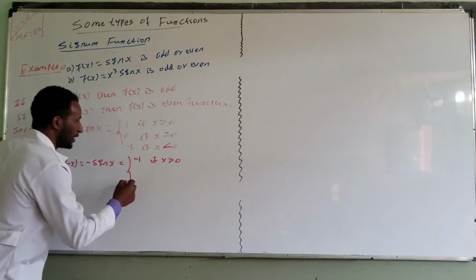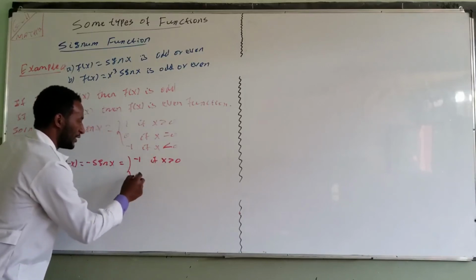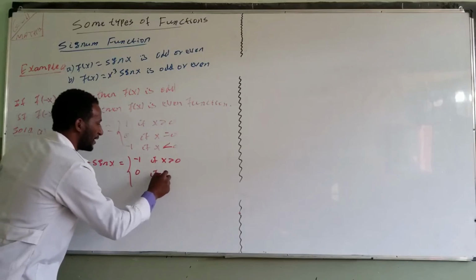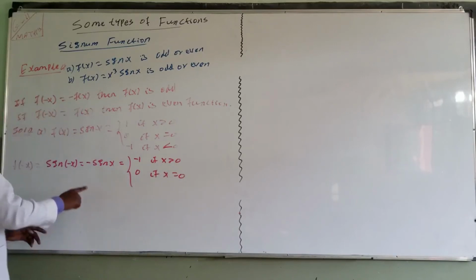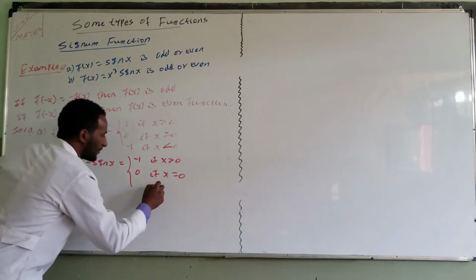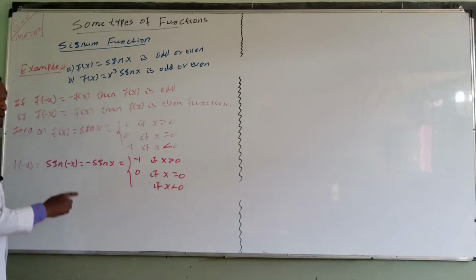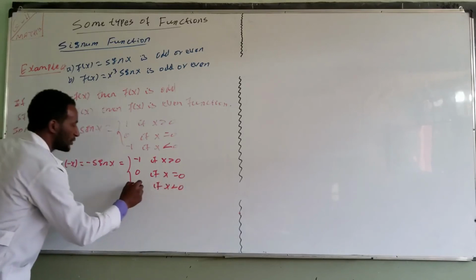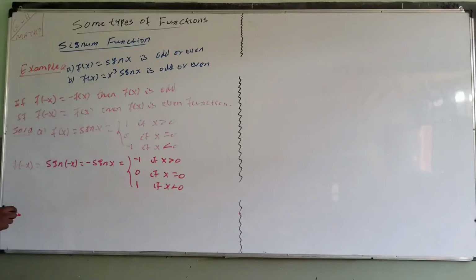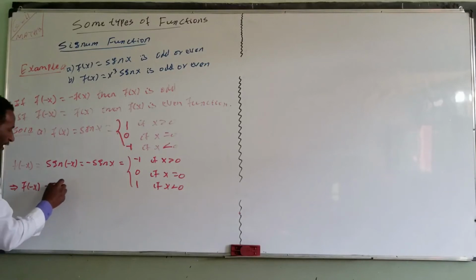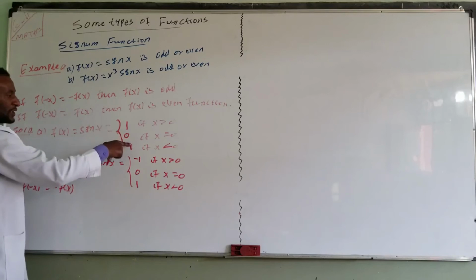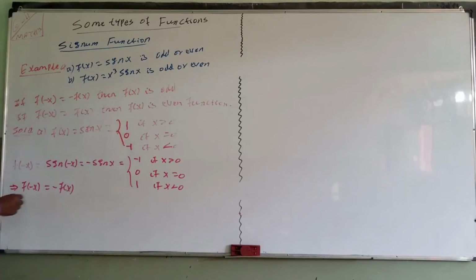It is 0 if x is equal to 0, and if x is less than 0, signum of x is negative 1, so negative times negative is equal to 1. This implies that f of negative x is equal to negative of f of x, because f of x is equal to 1, 0, negative 1. Then this implies that f of x is odd.